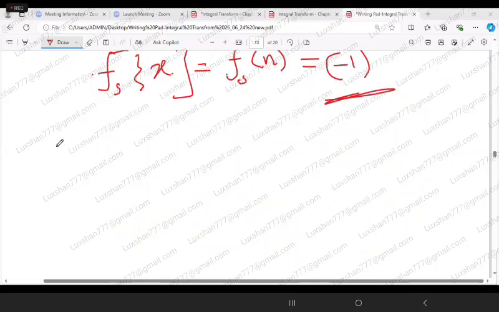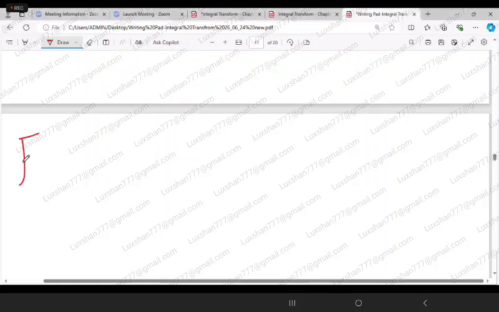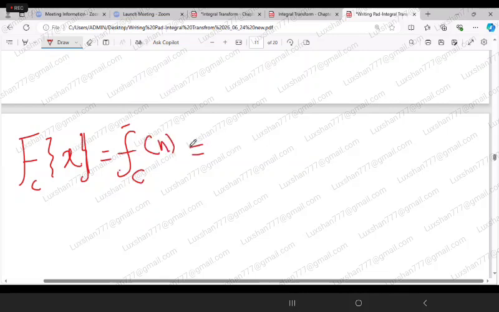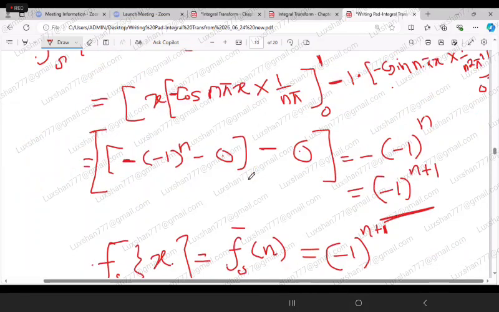So similarly, we will find the finite Fourier cosine transform of the same function. So the Fourier cosine transform of x, which is equal to f bar C n, is defined to be, I'm sorry, I have made a mistake.